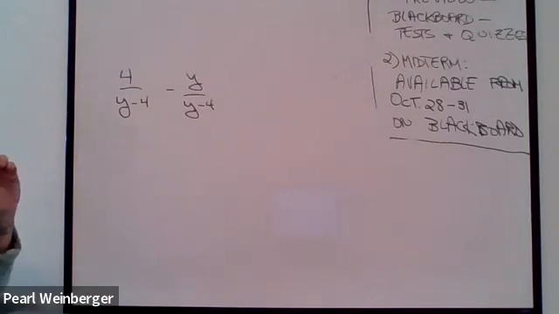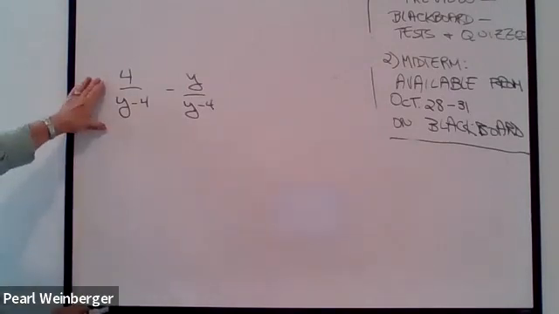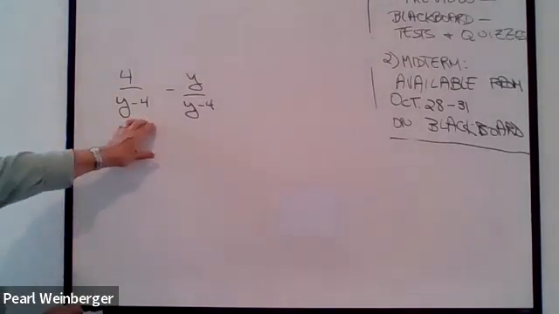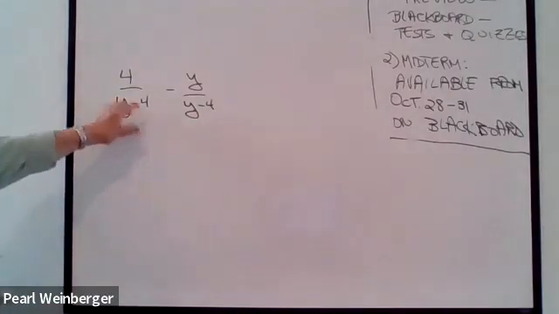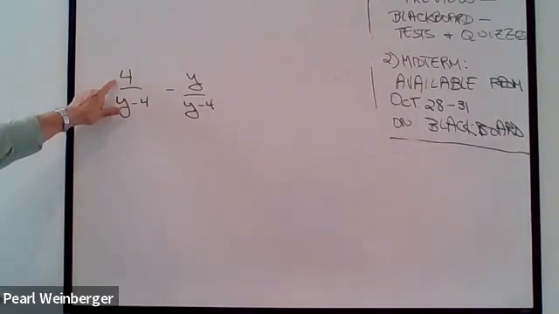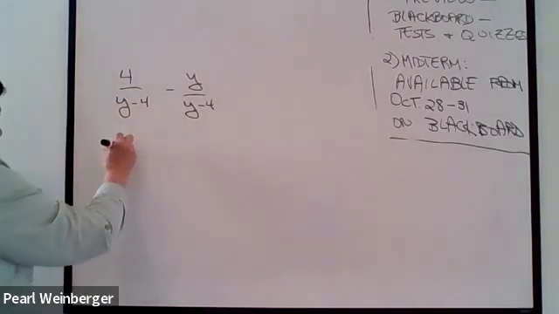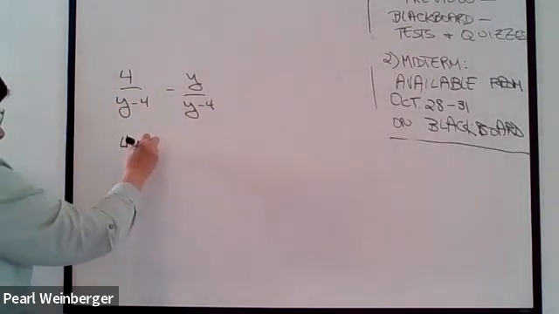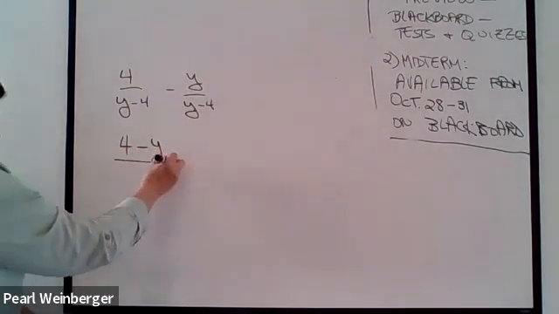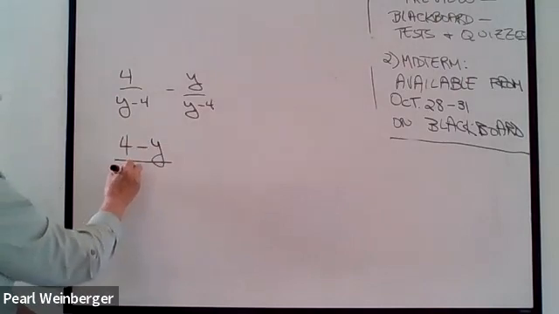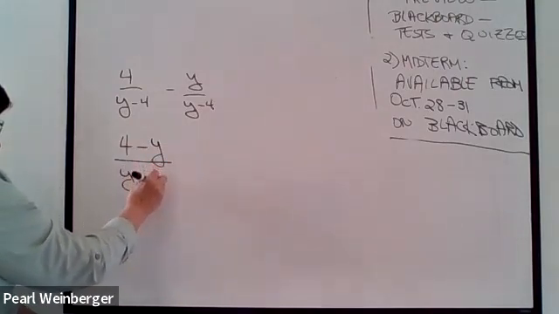Okay, let's work on this together. It's really not so hard because we already have a common denominator of y minus 4. So all I have to do is the numerators, the 4 minus the y. And that's 4 minus y over y minus 4.